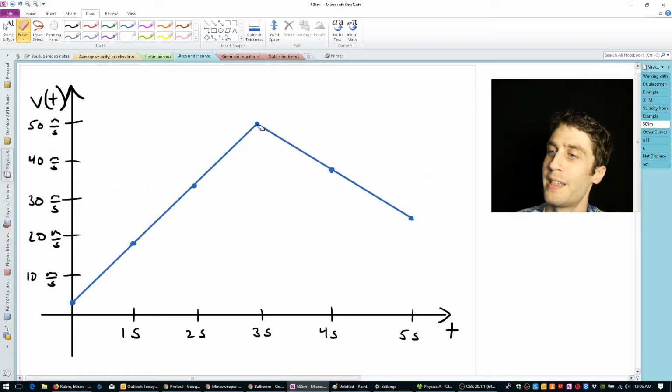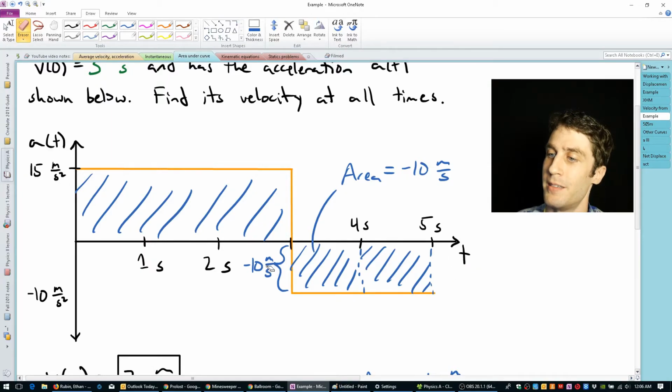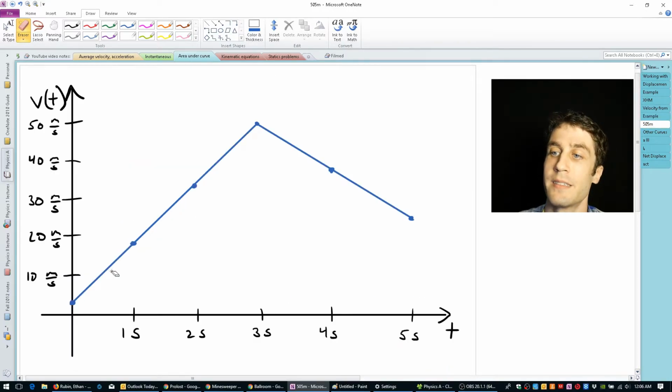And if you were to pick the slope of the tangent for this downward sloping region here, you'd have a constant negative slope, and that corresponds to this constant negative acceleration that you see right here. Just trying to clean up this graph a little bit for you. Yeah, constant negative acceleration right here. So that's it. That's our graph of velocity versus time derived from a graph of acceleration versus time.